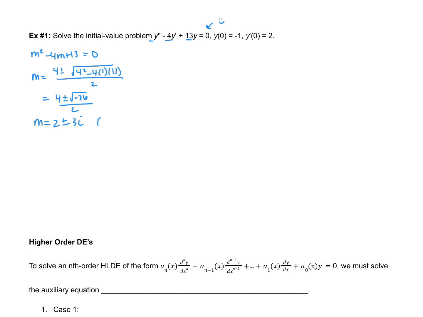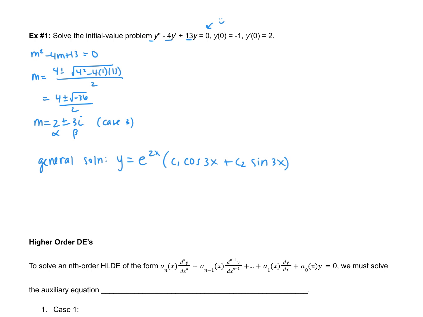Okay, so now we're looking back at that case 3 for our general solution. So 2 is our alpha and 3 is our beta. And if you just go back and look at the solution, we get our general solution to be y equals e to the alpha x, and then we have c1 cosine of beta x, add c2 sine of beta x.